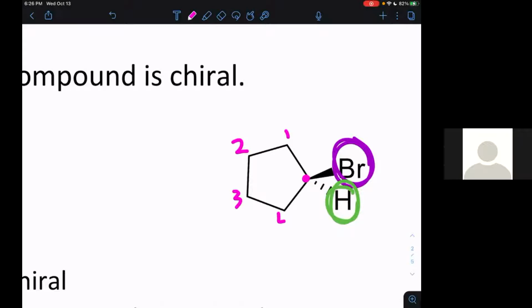Because you're going through the bond, because you're going through the atoms. No, I don't think so, because it just means Br is on top and H is on the bottom. So that's where it's folding. It's not like it's meeting the other end. You know what I mean?